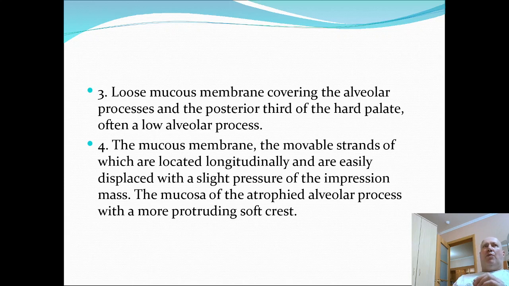This is the worst variant for a removable denture. And if you can, you need to remove these movable strands of mucosal membrane with a surgical procedure before you make impressions.